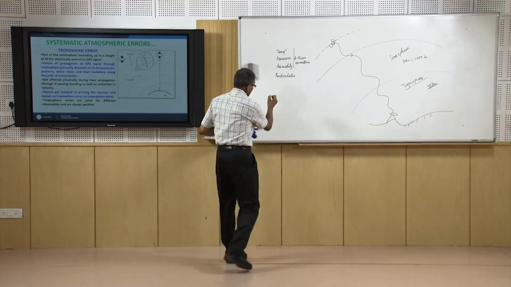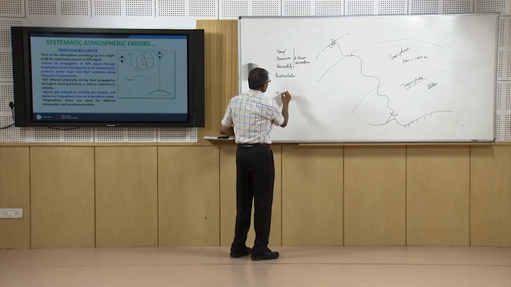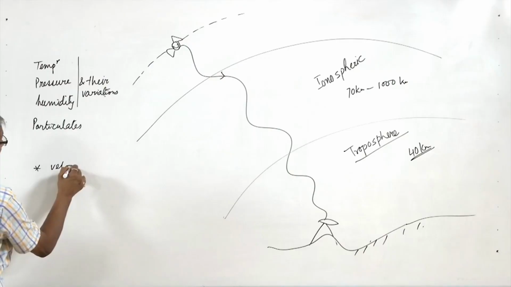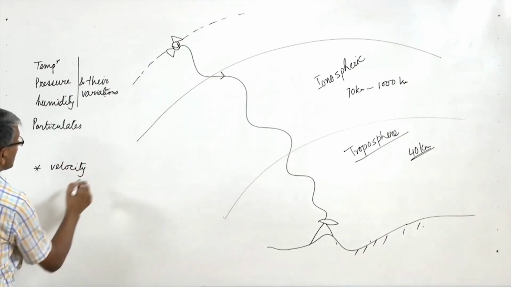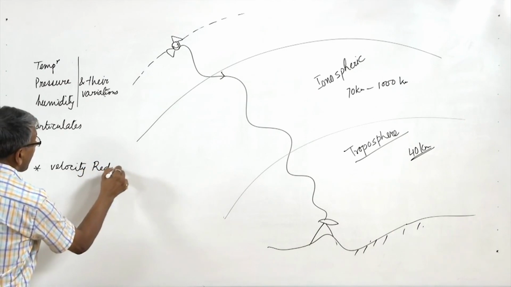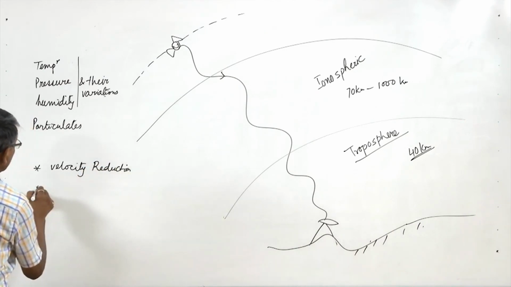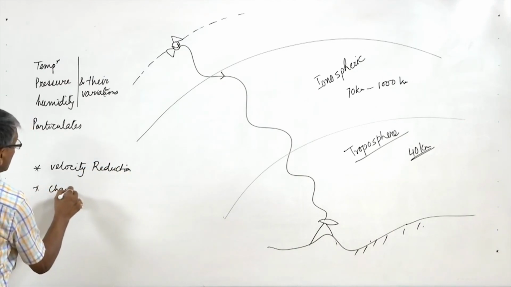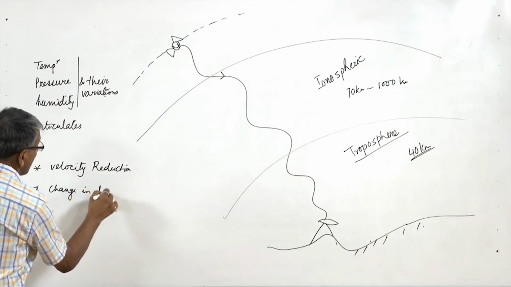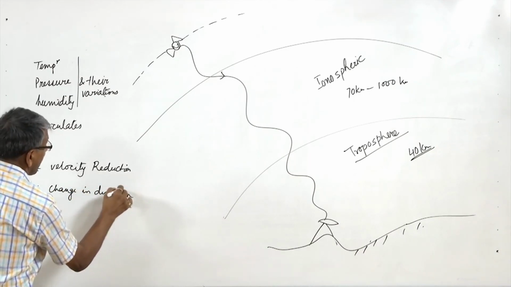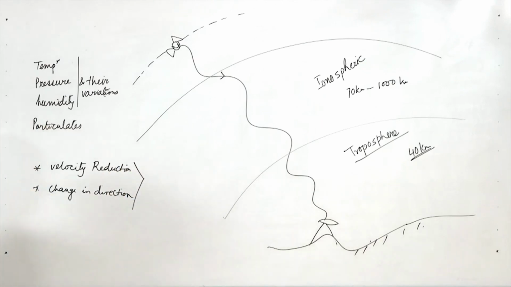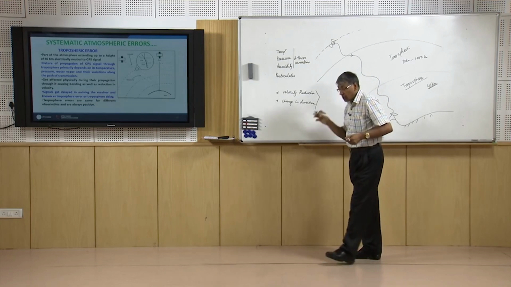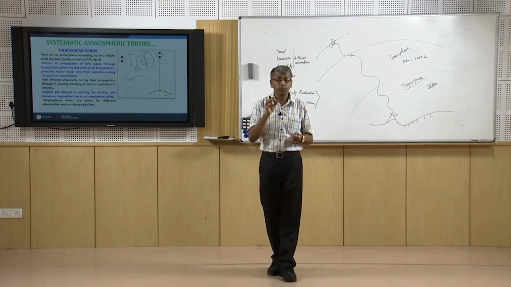So there are two types of effect. One is the change in velocity, or we can say reduction in velocity, and the other is change in direction. So tropospheric error will always cause delay in propagation.